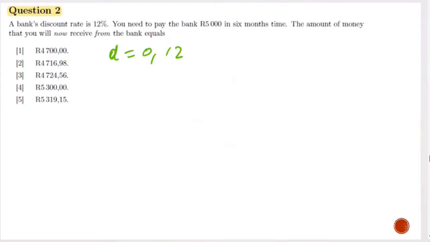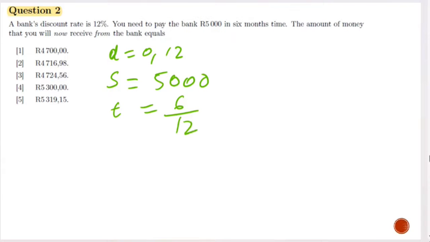You need to pay the bank 5,000 in 6 months time. So now you need to pay bank that is what you need to pay in 6 months time. That is your future amount that you need to pay bank. That one, I think, is self-explanatory. In 6 months' time, so your 6 months' time, it is 6. These are the months. You just divided by 12.